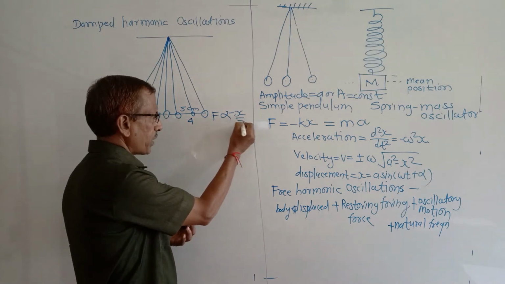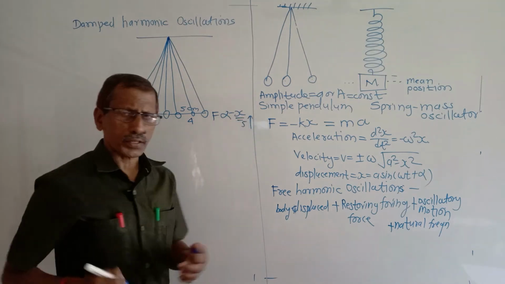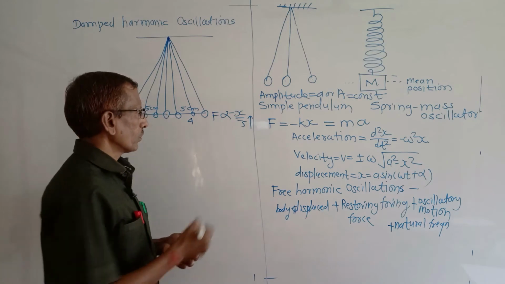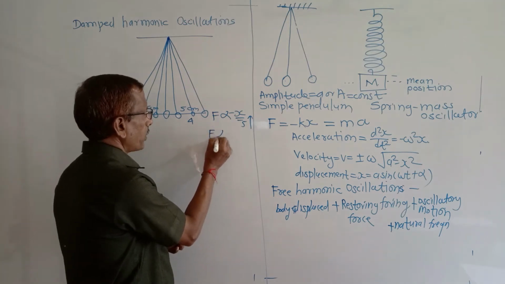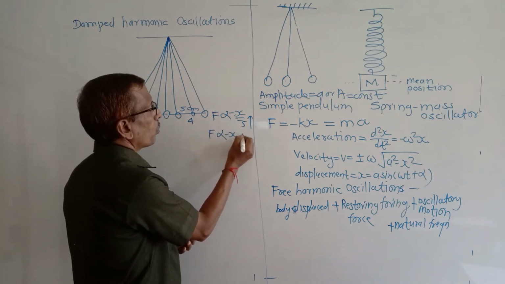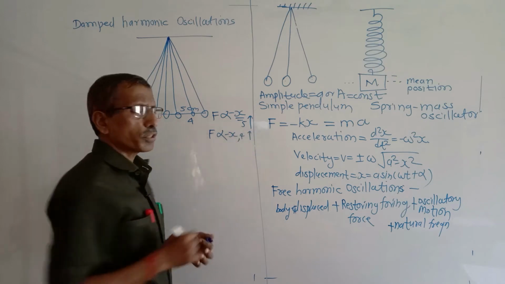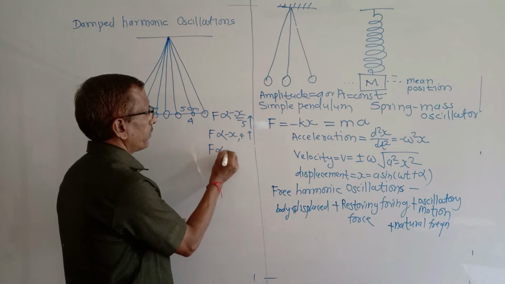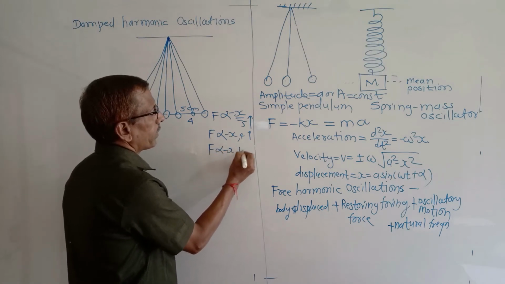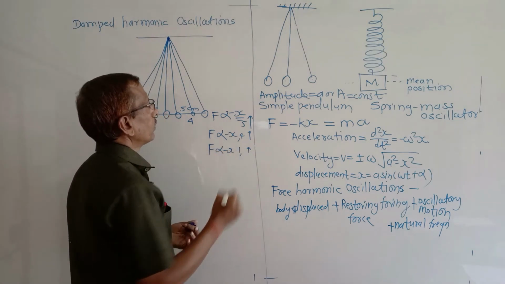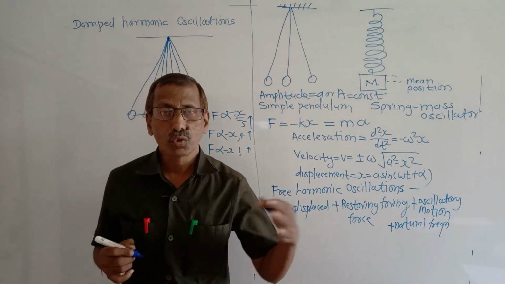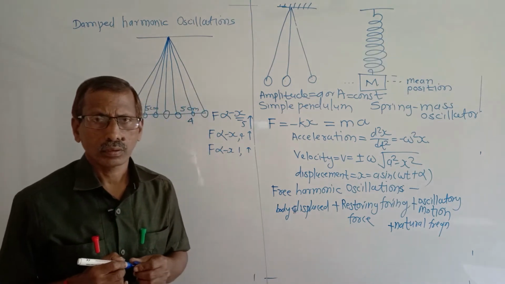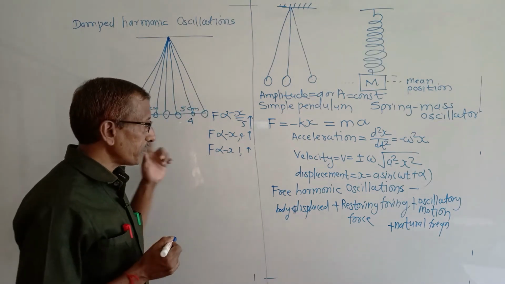Initially, when the amplitude is 5, the value of the force is large. When the amplitude of oscillation is 4, the magnitude of the force decreases. When the amplitude becomes 1, the amplitude is decreasing and the restoring force is also decreasing. So there is a decrease in force.